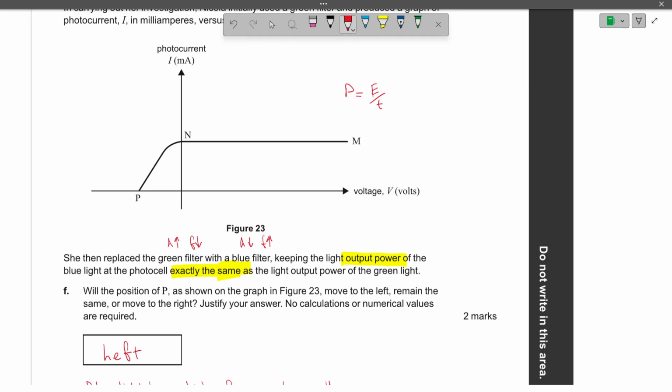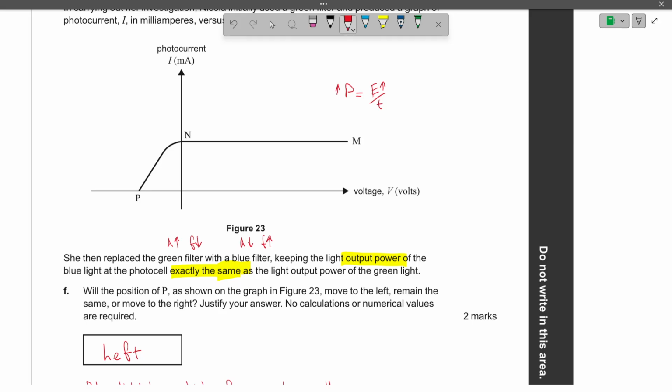If I'm increasing the light energy, then we would expect the power to increase. If I increase energy, power obviously would increase, but it's saying that the output power must be exactly the same as it was when we used the green light. So in order for the power to remain the same, you've got to think about the physics of what's happening here. Light is composed of individual photons, and it's the totality of all of those photons hitting that metal plate at any given time, say within 1 second, that tells us what the power is.